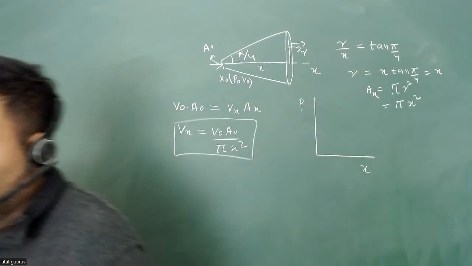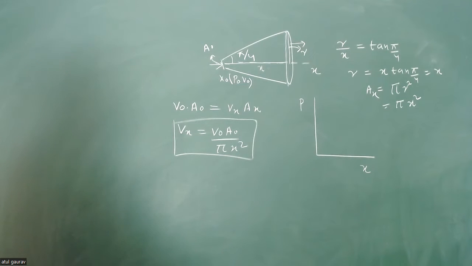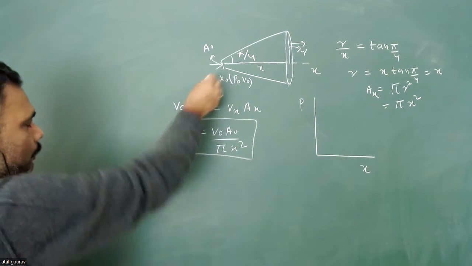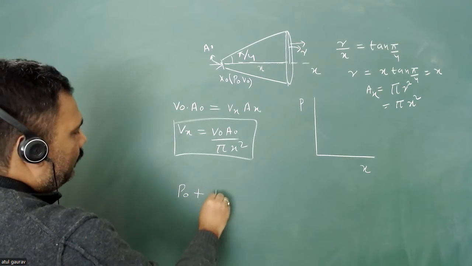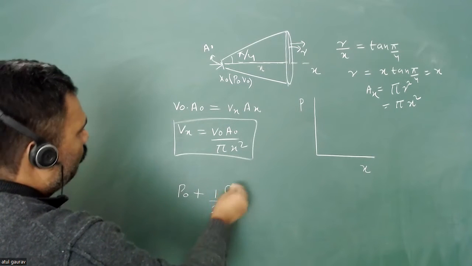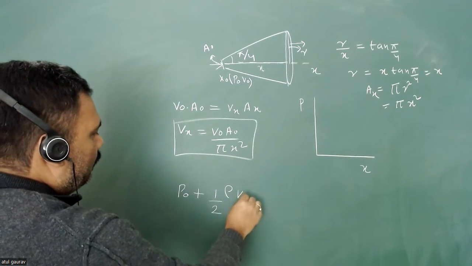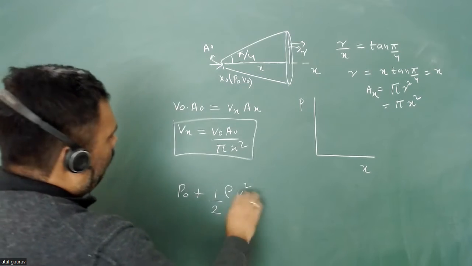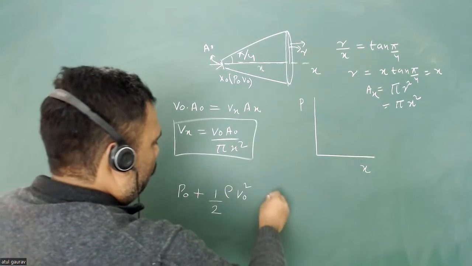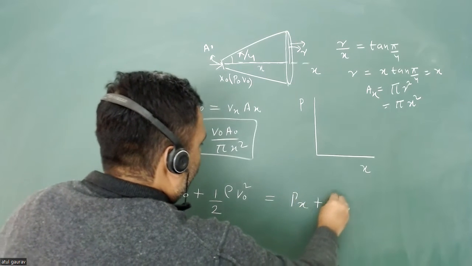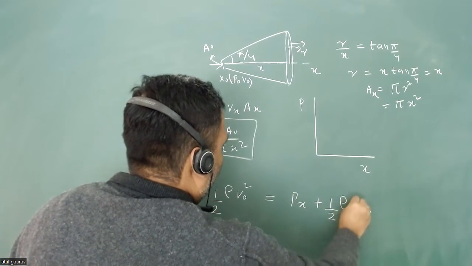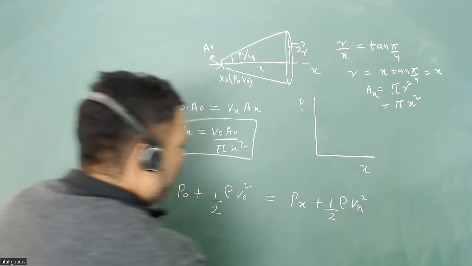Now we have to use Bernoulli's equation. The pressure is given at this point, P naught, plus half rho, the density is constant, V naught square. And obviously there is not any potential energy part there. So we have Px plus half rho Vx square.